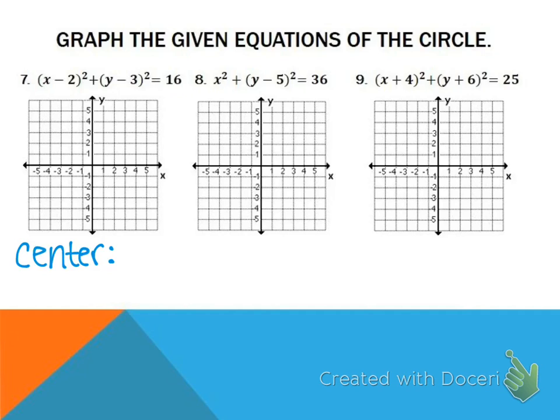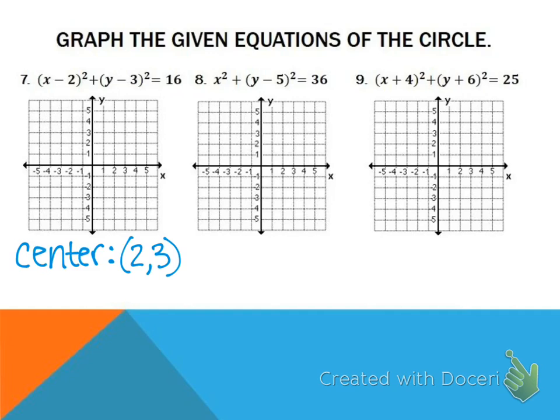Jaden? Negative 2. Careful with your signs. Oh, would it be 2? 2, comma, careful. 3. It's just going to be 2, comma 3. So the signs are opposite of what you see written right there. So our center is at 2, 3, both positive.